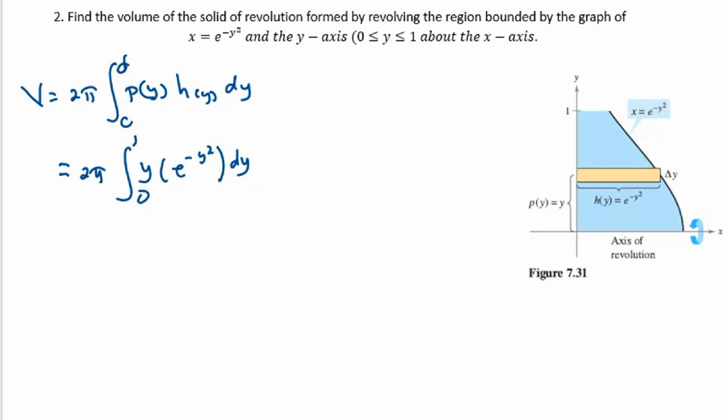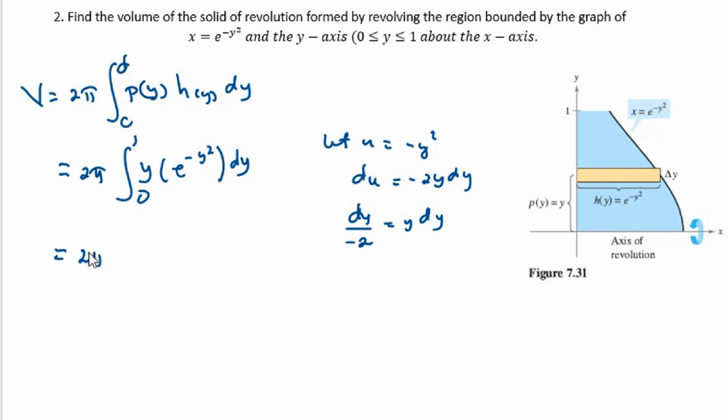To solve this integral, I let u equal negative y squared, and taking the derivative, du equals negative 2y dy. Looking back at the integral, I have y dy, so I solve for it: du over negative 2 equals y dy. From there, I substitute back into the integral in terms of u and du.